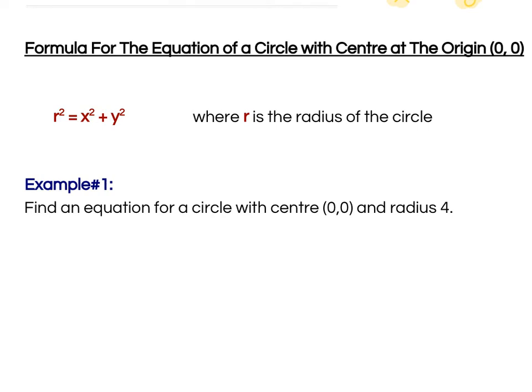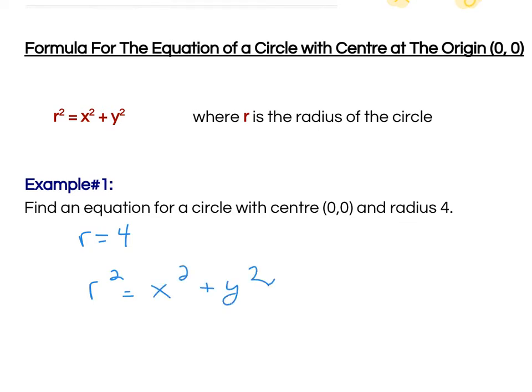We're going to start with a relatively easy example. Example 1 says, find an equation for a circle with the center 0, 0 and the radius 4. So the radius is 4, so I can write that out as a given, r equals 4. And I know my general equation is r squared equals x squared plus y squared.